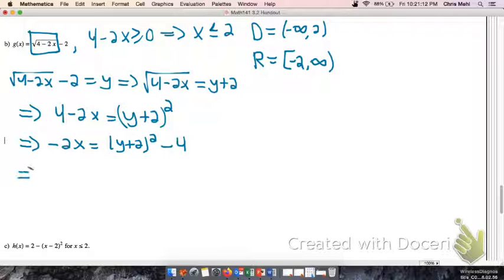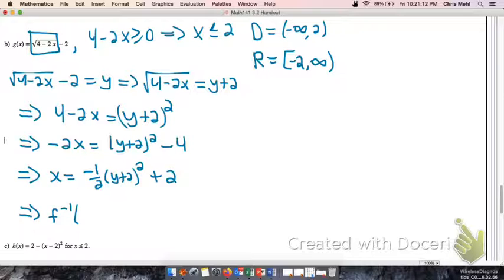And then I can multiply both sides by negative 1/2. The negative 1/2 has to be multiplied by both terms on the right. So negative 1/2 times (y plus 2) squared, and then negative 1/2 times negative 4 would give you a plus 2.